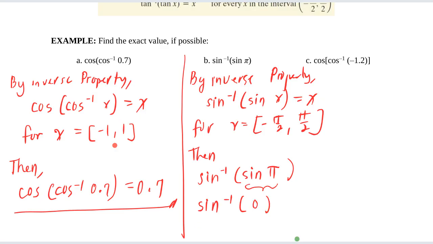Going back to our lessons when we are looking for the inverse of sine, we know that the output of sine is 0, then this would be equal to 0, because remember, this is from quadrant 1 and quadrant 4. Therefore, the angle here would be 0 for the inverse of sine.